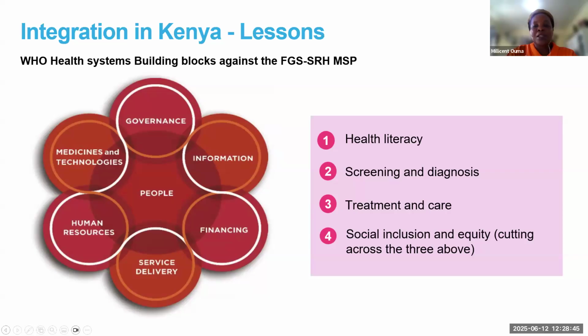So within this integration, I'm interested in just touching on the WHO health system building blocks, having a patient at the center, and that is the women who are being screened for HIV.